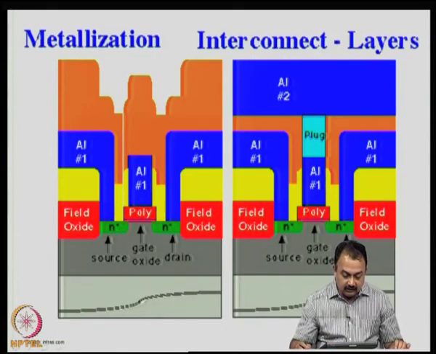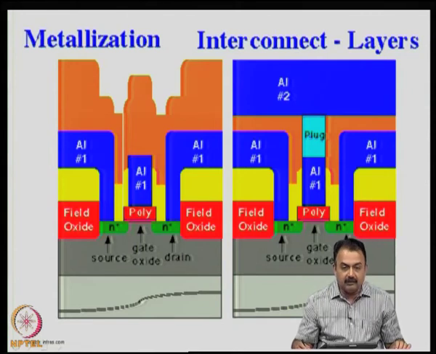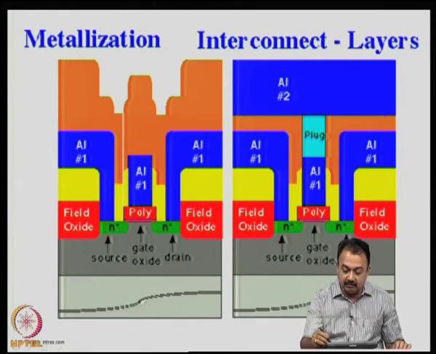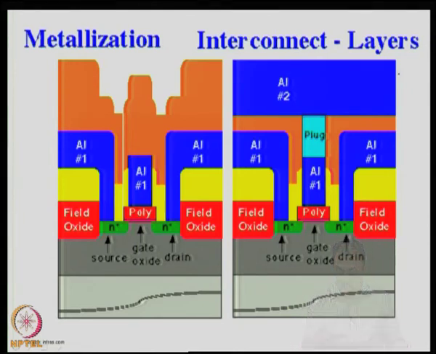Now, this is a different example. In this case, for example, the conductor is aluminum rather than copper, and you can see how the source, drain and the gate are defined, how the field oxide is deposited, there is a dielectric layer, and then here comes the metallic conductor, okay.